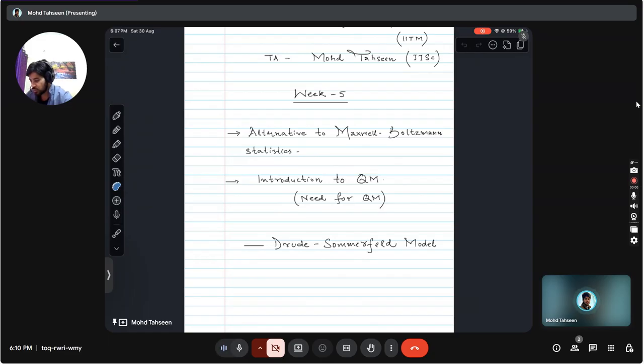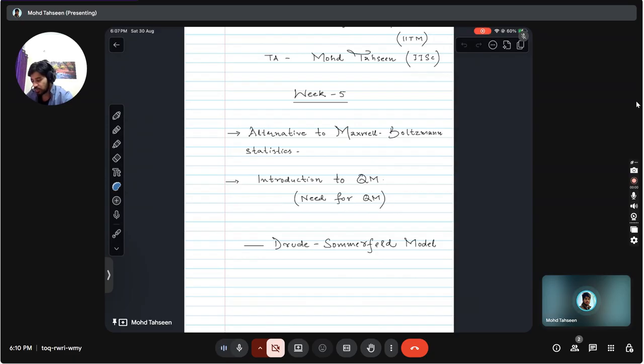The need was because, if we follow Maxwell-Boltzmann statistics, we come up with models for electronic conductivity and thermal conductivity with values which either overpredict or underpredict some of the quantities as compared to the experimentally measured values.